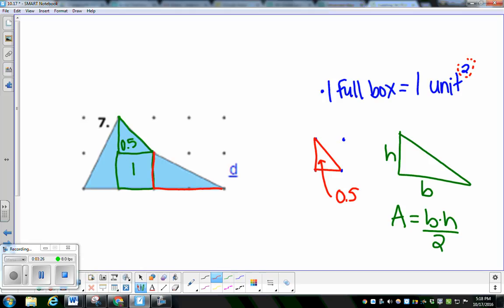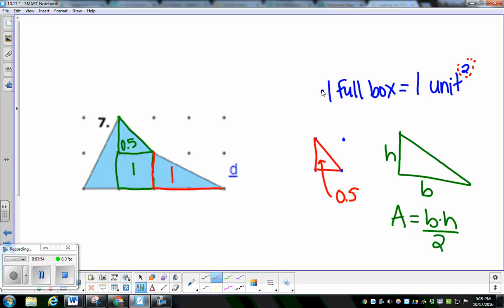My base is 2 units long, okay? Right here is 2. My height is 1. So for my area of that triangle, I can do 2 times 1, which is 2, and then cut that in half, and half of 2 is 1. So the area of that big triangle right there that I was just using red on is 1 unit.